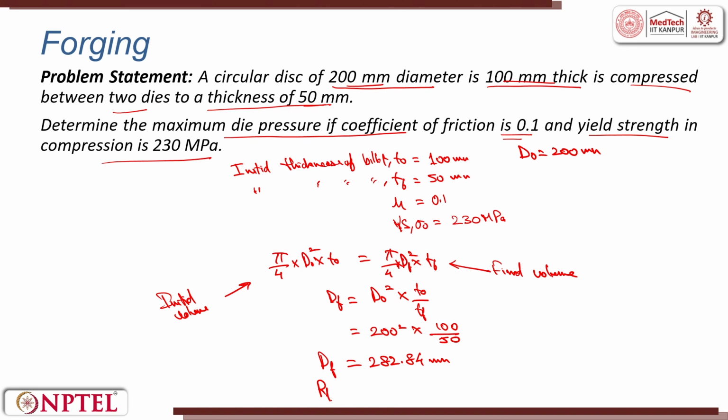which means the final radius is 282.84 by 2, equal to 141.42 millimeters. We need to find the maximum die pressure, so P max.